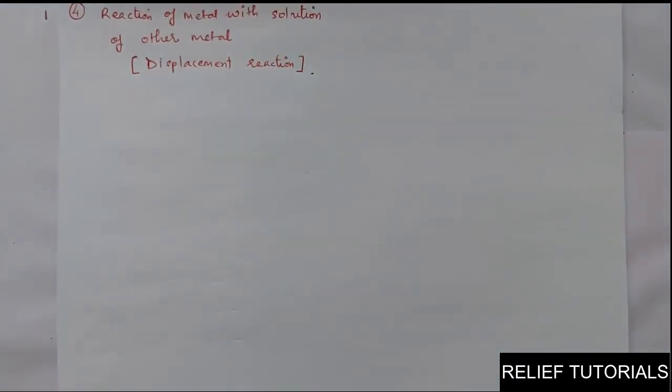Displacement reaction: when more reactive metal reacts with solution of less reactive metal, more reactive metal displaces less reactive metal from its solution. But for that you have to remember the reactivity series of metal.